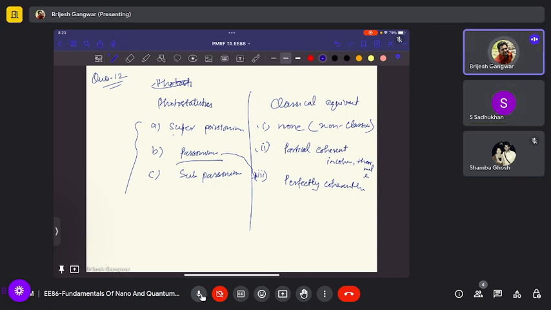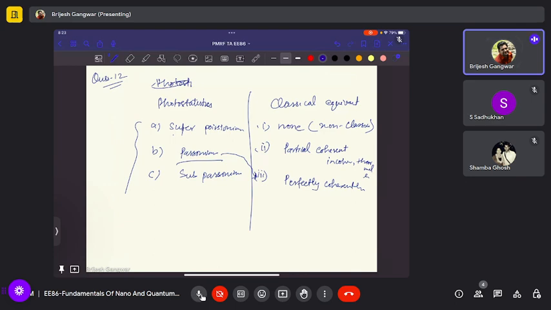Perfectly coherent light in classical terms corresponds to Poissonian light in quantum mechanics.